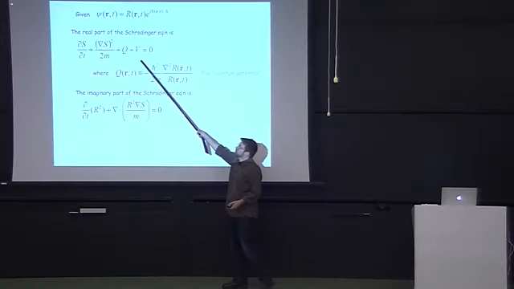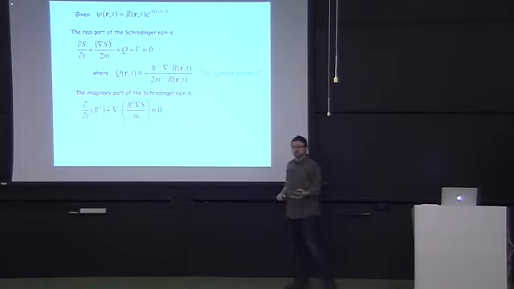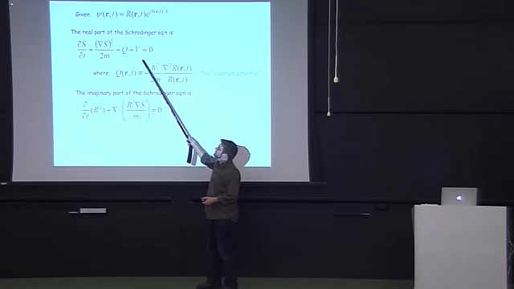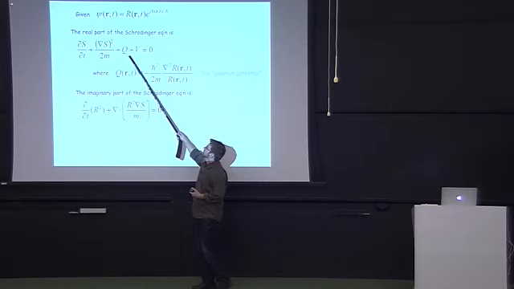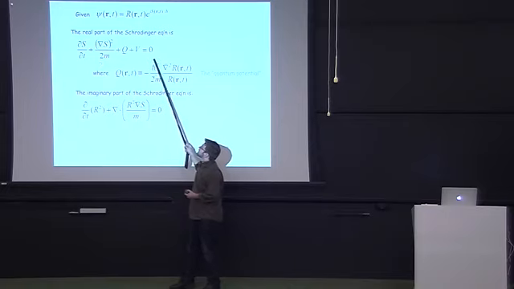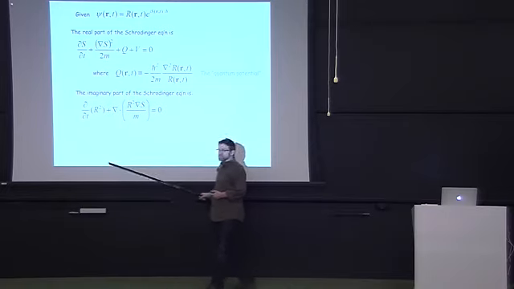Does this equation look familiar to anybody? It turns out there's a strong analogy between dynamics in the deBroglie-Bohm interpretation and the Hamilton-Jacobi approach to classical dynamics. If this were just an external potential, without this term, then this is exactly the Hamilton-Jacobi equation where S is Hamilton's principal function.